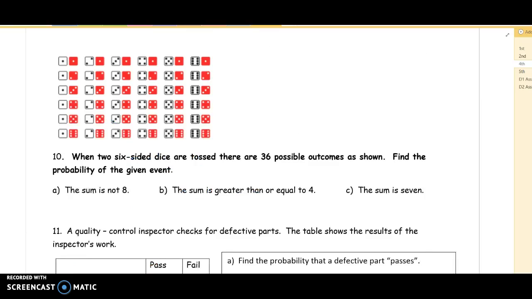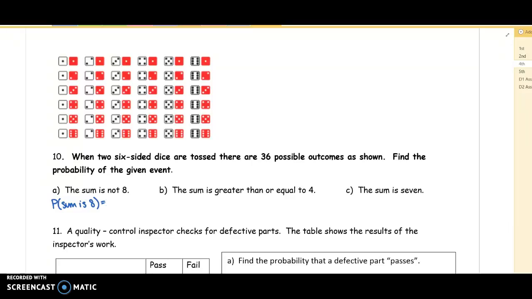This is where thinking about the complement can actually make your life easier. What is the probability of when you roll 2 6-sided die, what's the probability that the sum is not 8? That'd be a lot to try to count up. So instead, I'm going to look at this chart and think about what is the probability that the sum is 8.